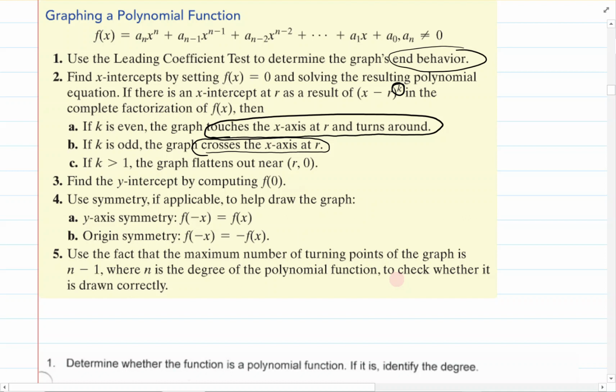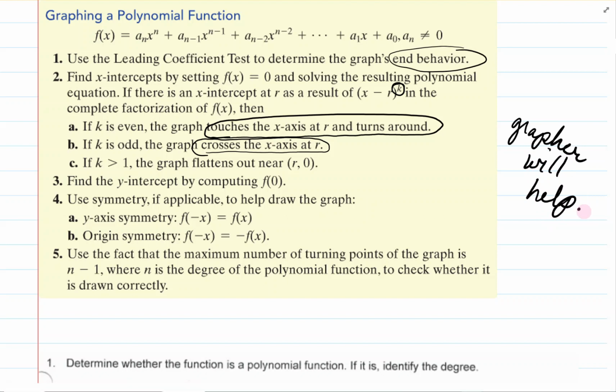We're going to do much of this, but don't forget that your grapher will help a lot when we do this. All right, so I'm going to go ahead and stop this video, and I will continue with the video actually working example problems.